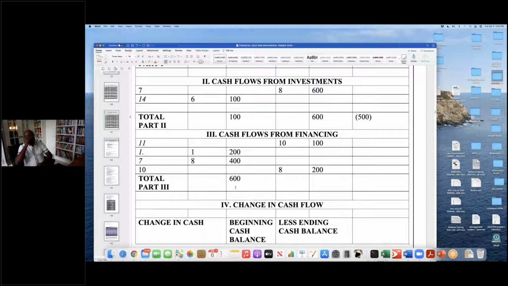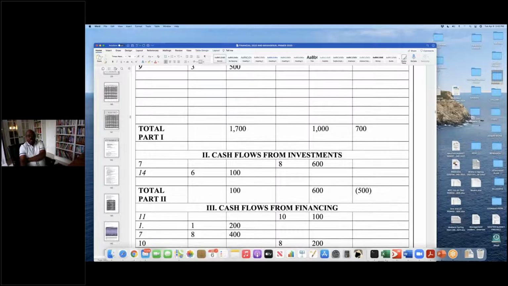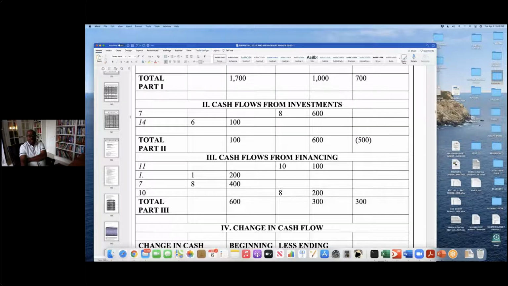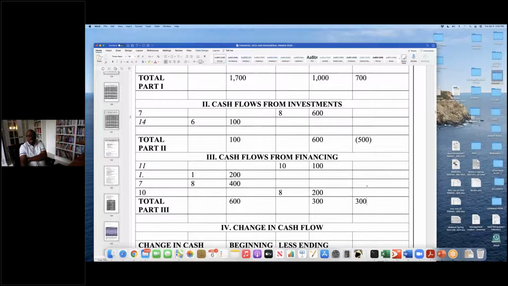So cash flow from financing is 600 sources, 300 uses. Your change in cash is going to be 700 minus 500 plus 300. So what was our change in cash?